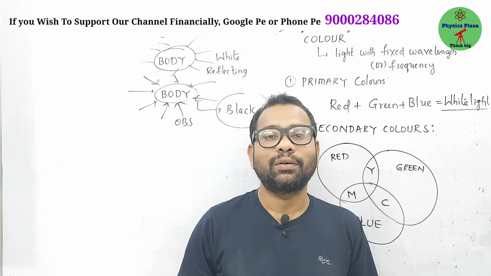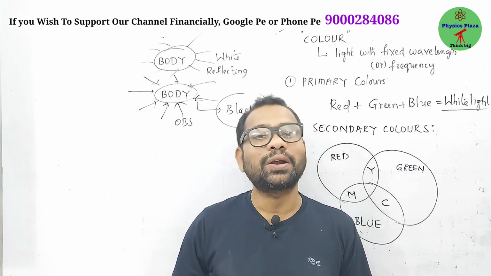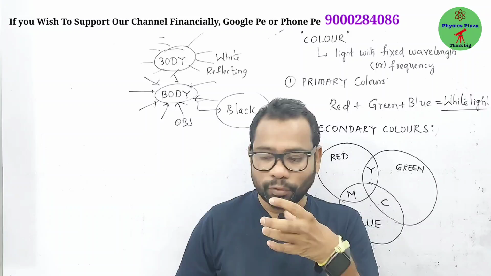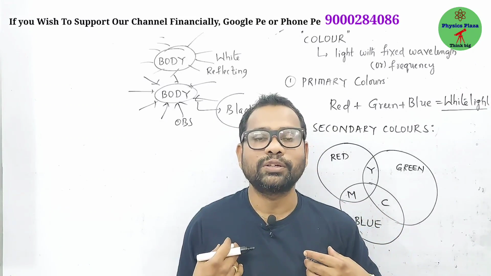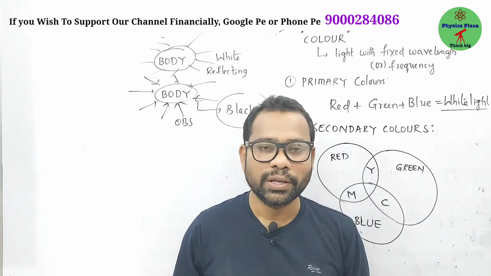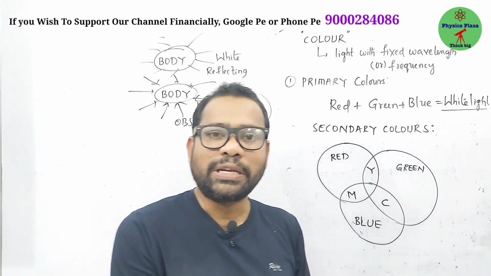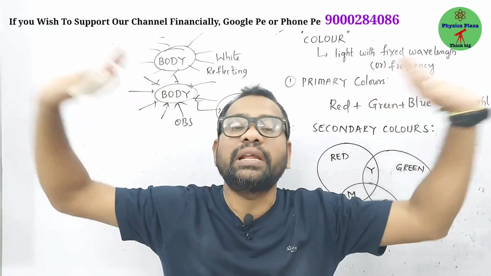That's why in the winter season we are suggested to wear black or dark clothes, so that we get some heat because it's very cold, right? Black cloth will absorb the light which is falling on it. Okay? So which body appears white? The body which is reflecting the light falling on it completely.